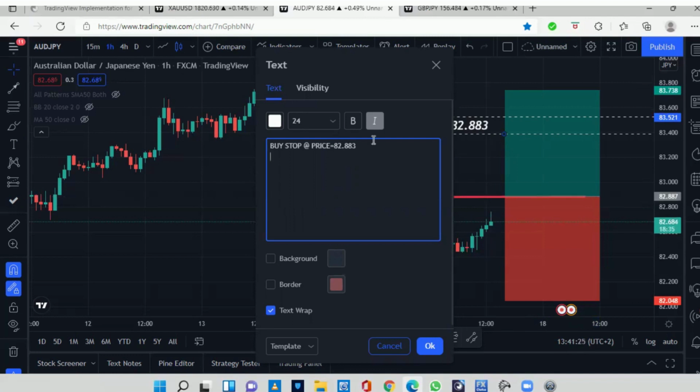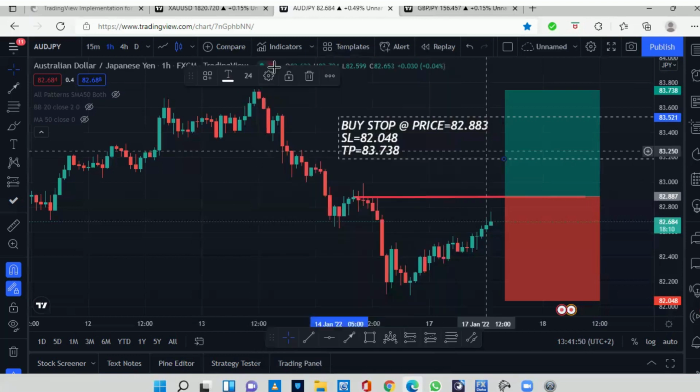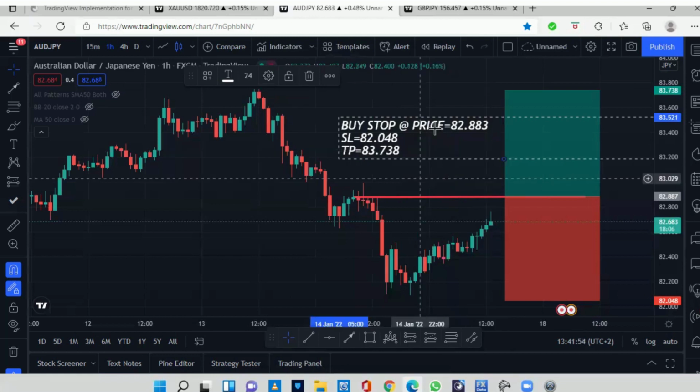Our SL, which is our stop loss, would be on this one, 82.048. And lastly, our take profit would be at 83.738. This is our buy stop order. So these are our parameters.